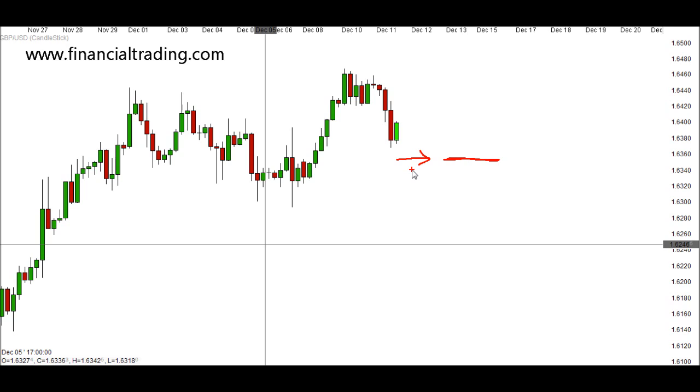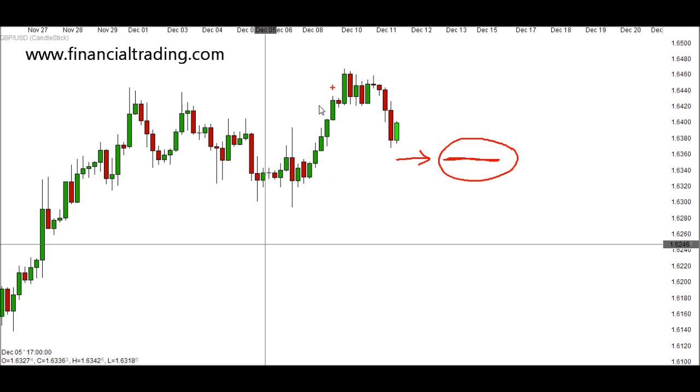So if we were to be trading the pound against the dollar, and on the hour the pound to the dollar was 1.6400 exactly, when that candlestick opened, it would open at 1.6400. Generally speaking, the opening price will be a continuation from the closing price of the previous candle.